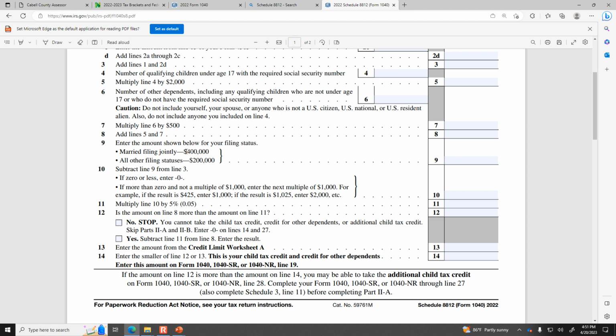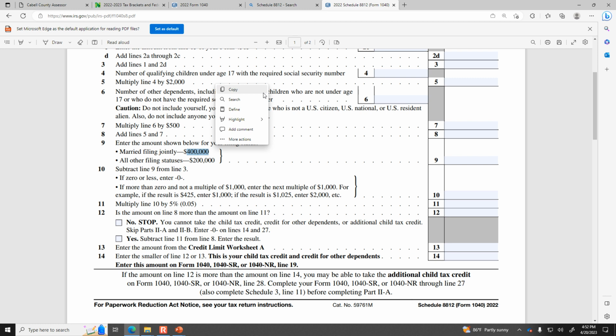So see how it says for married filing jointly $400,000, for all other filing statuses $200,000. So if you have an income above $400,000, then you're not eligible to take the child tax credit. And that same kind of thing applies for lots of credits, whether it's like an education credit or electric vehicle credits.